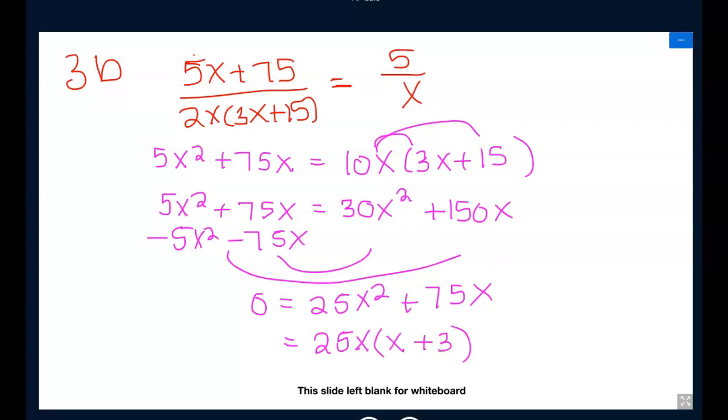So you factor out a 25x, you get x plus 3. So then we get x equals 0 and x equals negative 3.